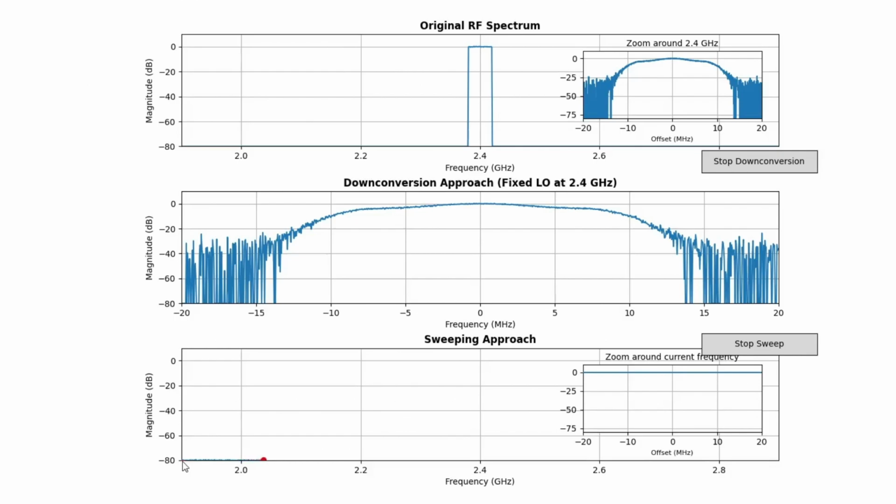We are starting from 1.8 to 3 gigahertz here. Right now, we are just measuring noise. But once we approach this area, 2.4 gigahertz, every 100 megahertz that we are sweeping, we can see some power which gives us the spectrum at the receiver.